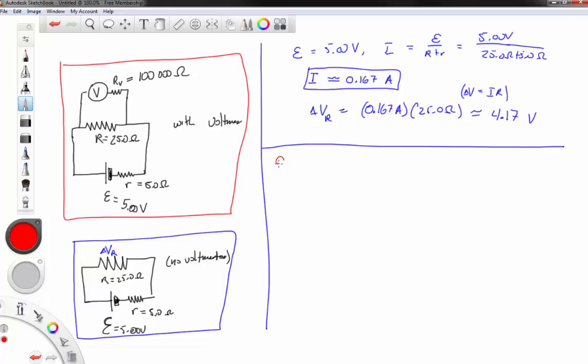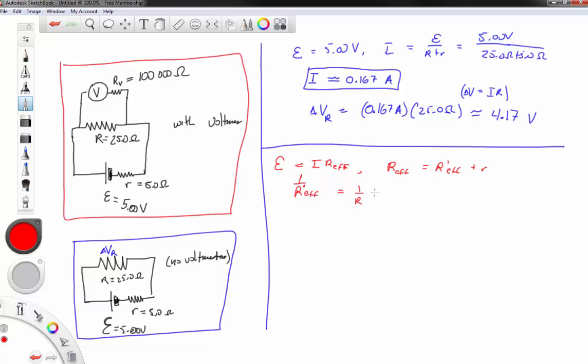Again, we can write that epsilon is I times R effective, but now we have to use that R effective is basically, we'll call it R prime effective plus little r. R prime effective you get by using the fact that these two are in parallel with each other.